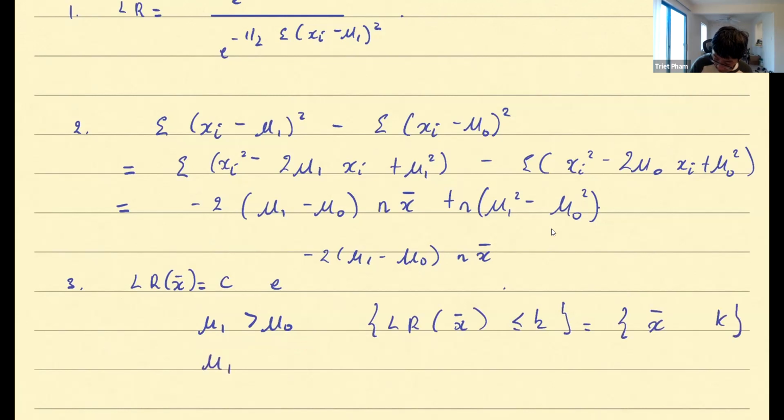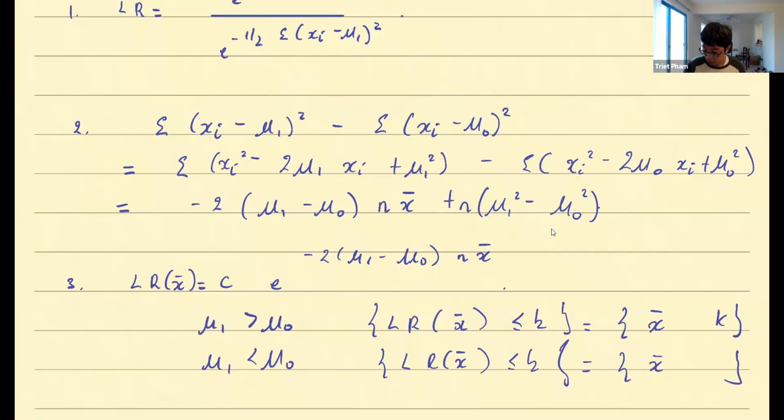And if mu1 is less than mu0, what sign do I have here? Bigger or less? Which one do I have here?